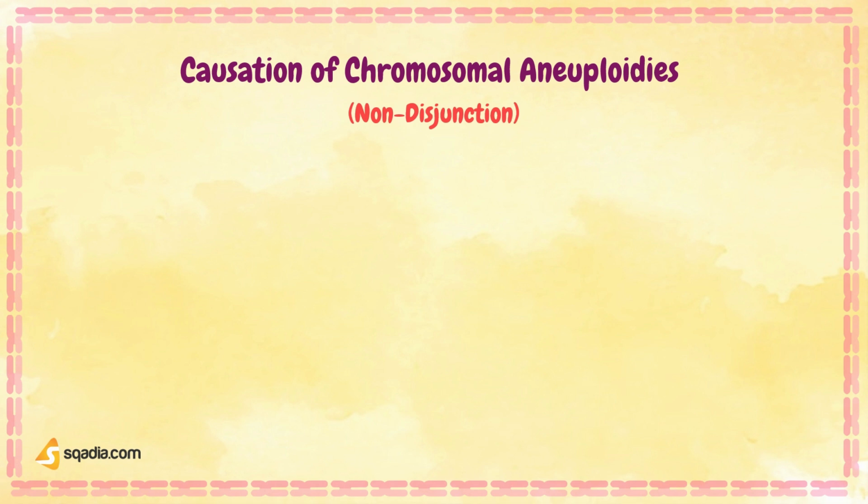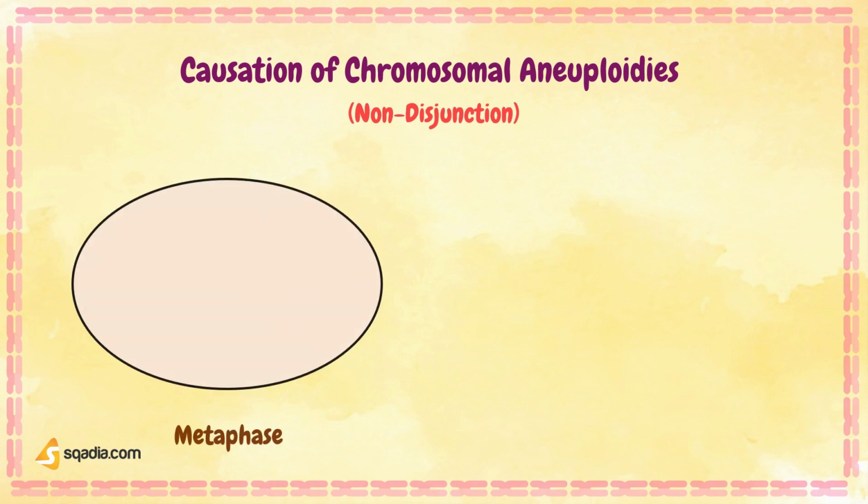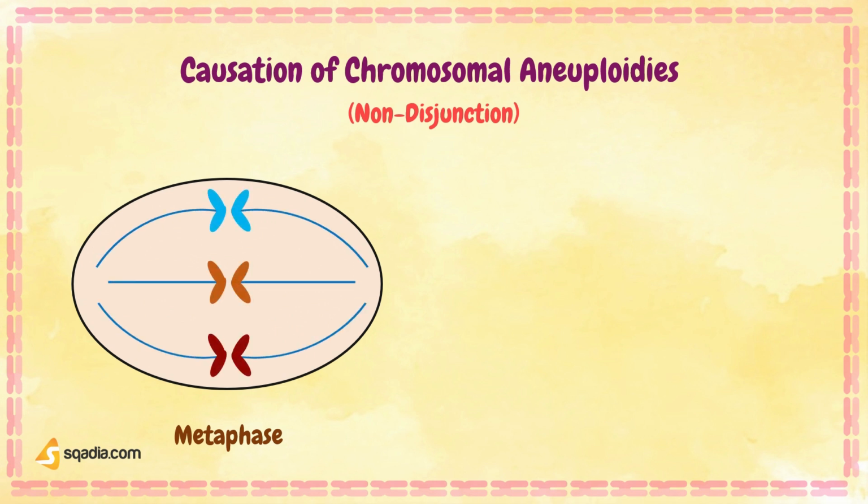Let's understand non-disjunction in mitosis. In metaphase of mitosis, chromosomes line up in the middle plane, the mitotic spindle forms, and the kinetochores of sister chromatids attach to the microtubules.